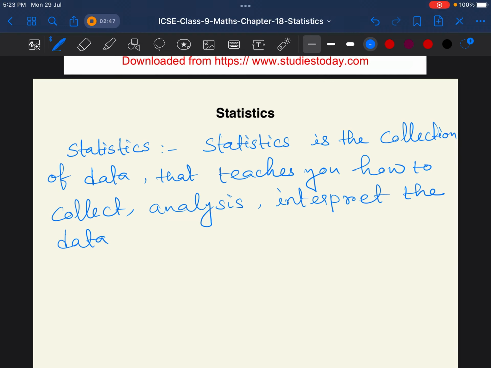So statistics is the collection of data, the weights of different people, the heights of different people, the marks of the students in class 9. Statistics is the collection of data that teaches you how to collect and then analyse, then interpret the data.